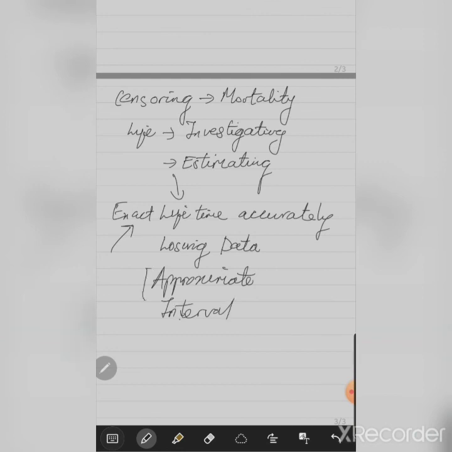So it's as good as saying, if my intention is to find out the exact age of a person, I need to know the date of birth, and I also need to know the date of death.